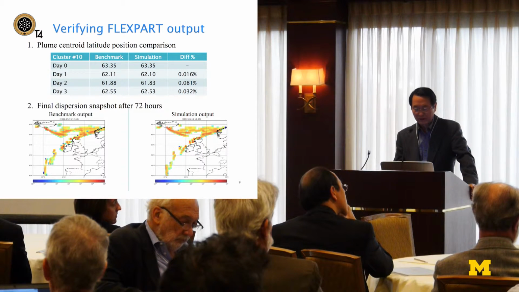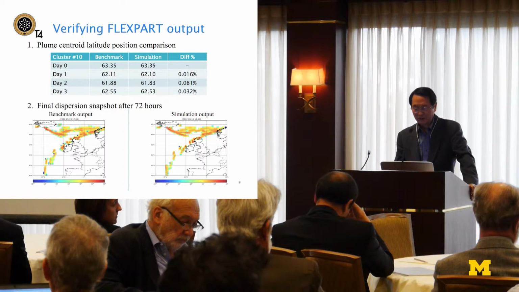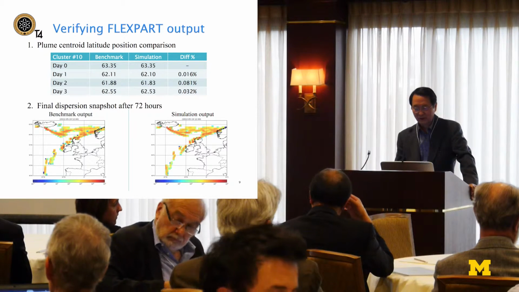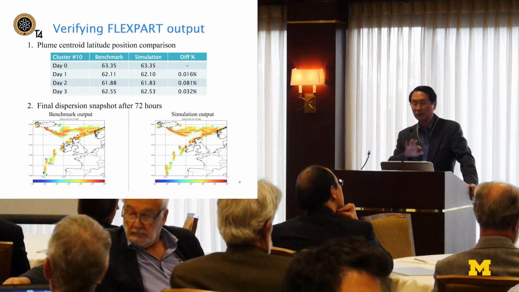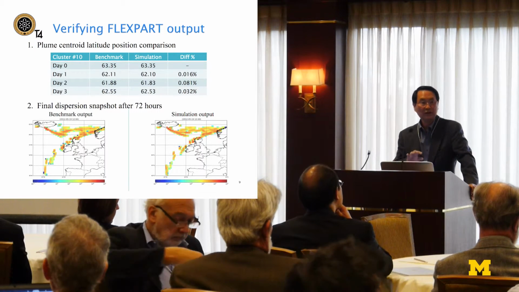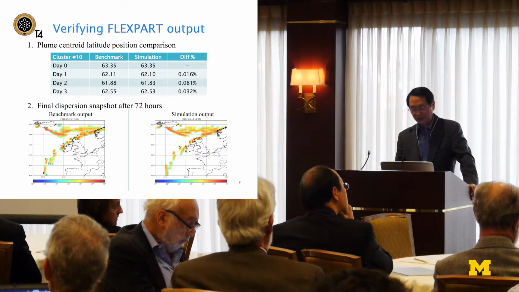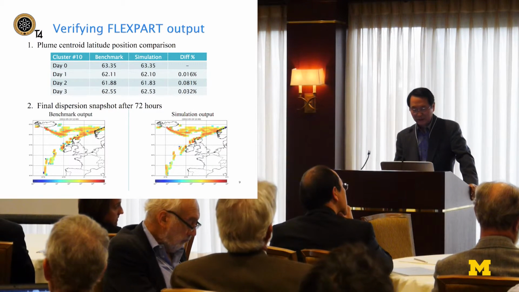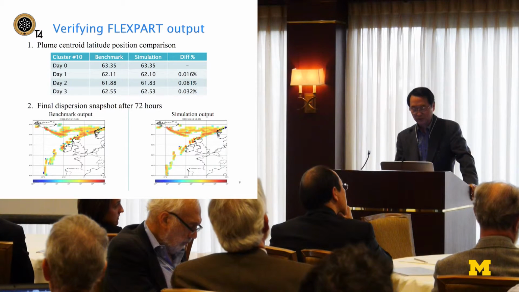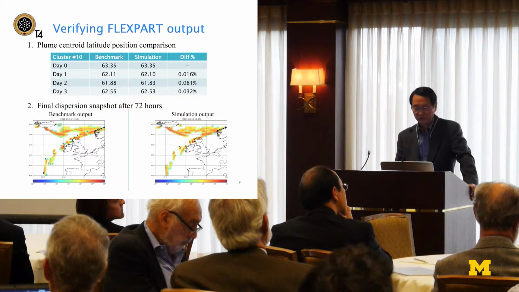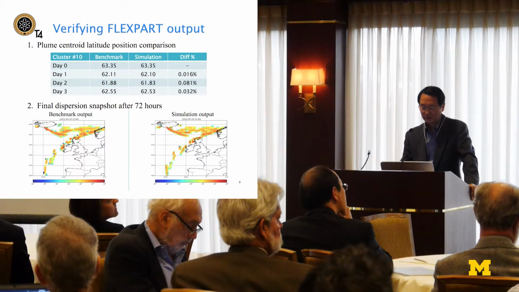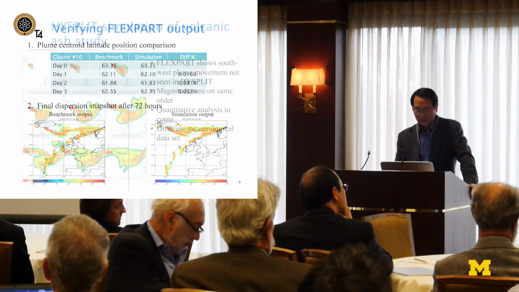This is benchmark data, but we are using two different versions of the code, so we were not sure we would have good enough benchmarking. But at the end of the 3-day simulation, we have quite good agreement with the benchmark data. So we are pleased with it.